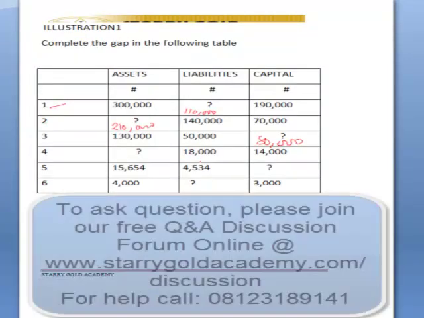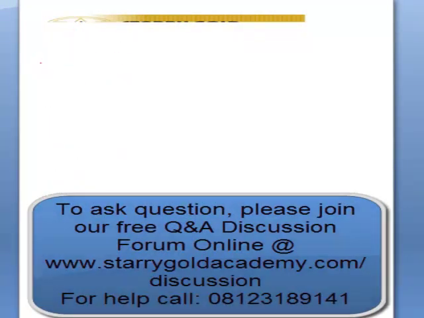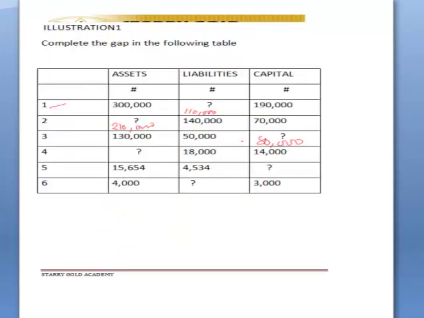Okay, question 4, we will be looking at assets again. Solution to question 4. Asset equals capital plus liability, and since we're looking for A, our C is 14,000 and our L is 18,000.